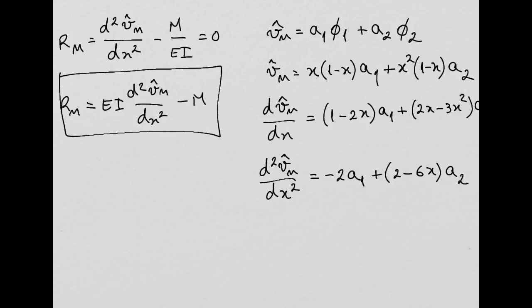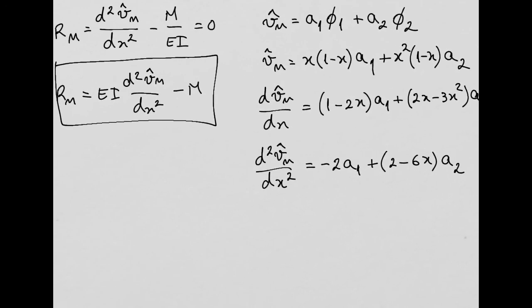So I'm going to replace now the second derivative in this residual, and then you will get your residual Rn equal to EI times, now I'm going to replace the second derivative here.